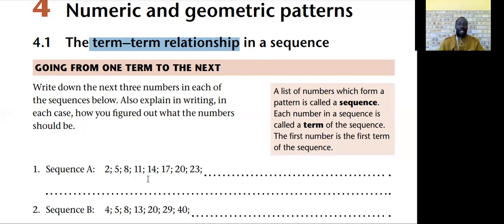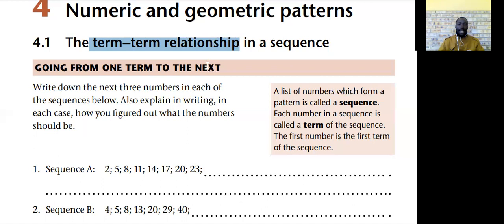So the whole deal here is that we must add something onto the term already there before we can get the next term. Meaning if the last term here is 23, to get the next term, we must add 3 to it. This relationship is called the term-to-term relationship of a given sequence.